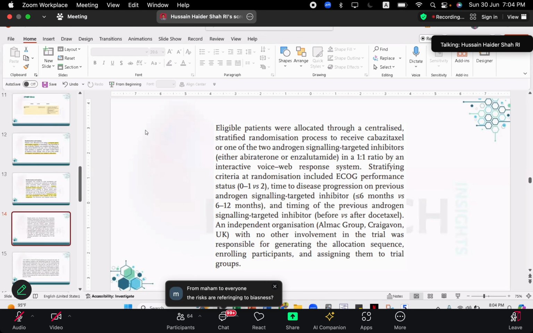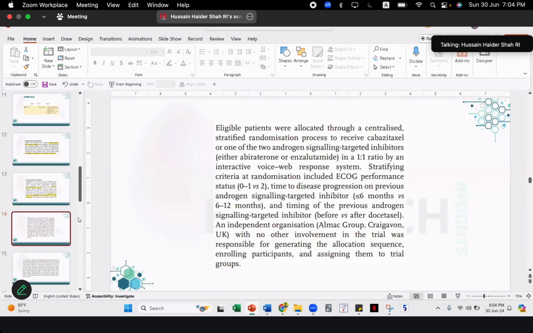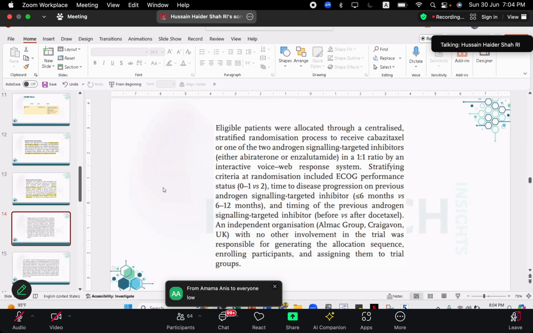Is it low? Okay. How do you know it? The risks are referring to the bias. Yes. Okay. In this, is the allocation concealment low risk or high risk? Low risk. Okay, brilliant.